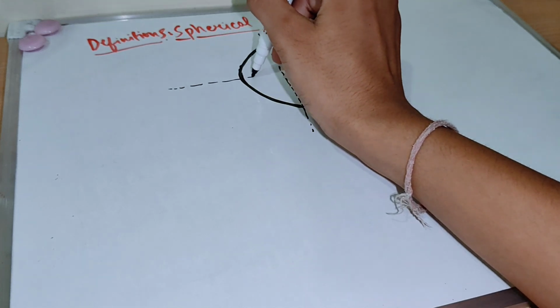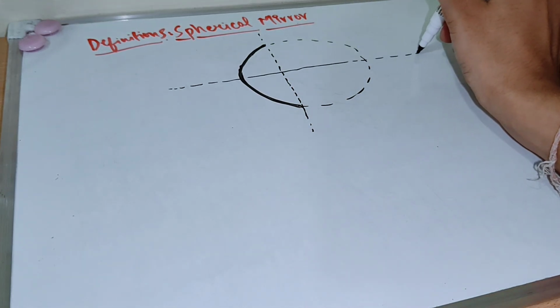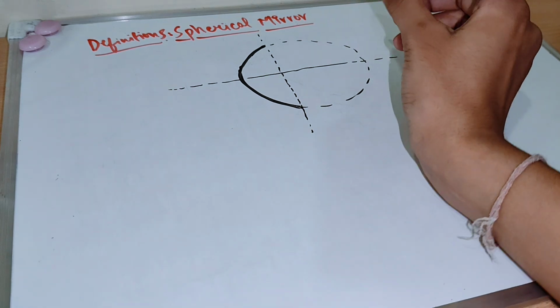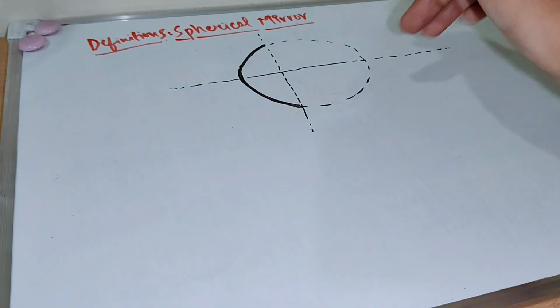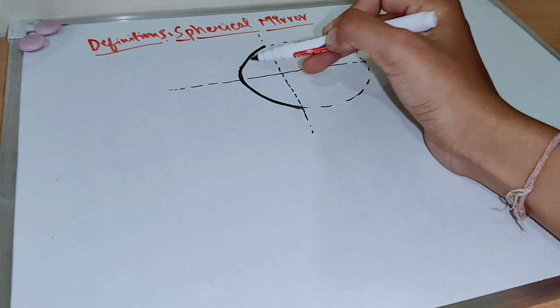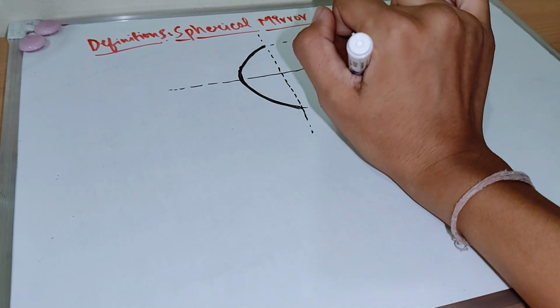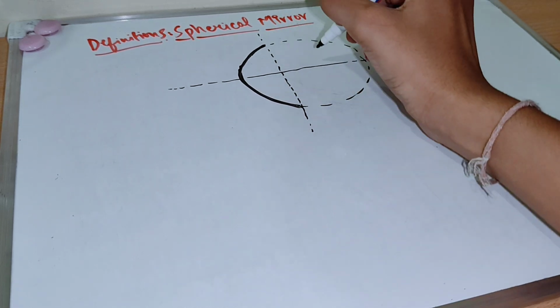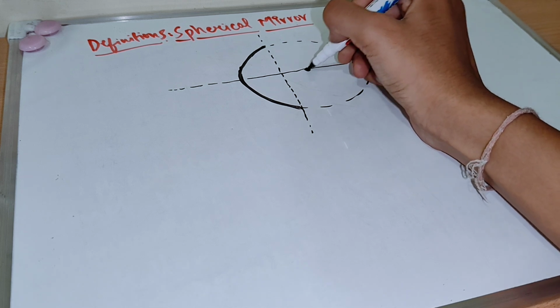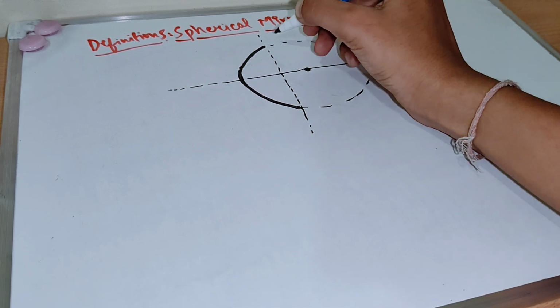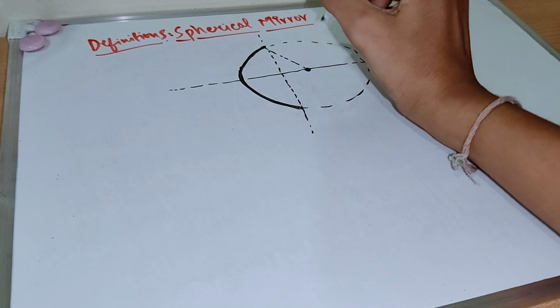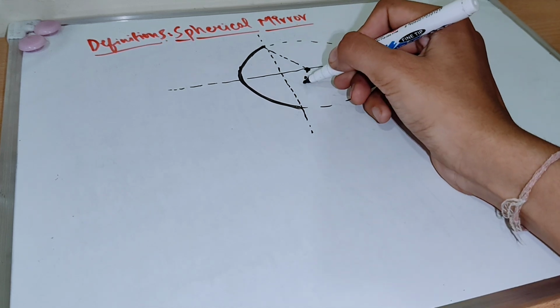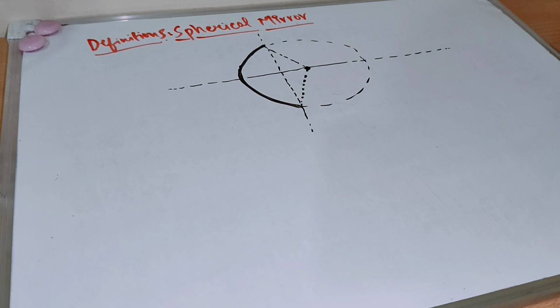Listen very carefully, this is very important. Now I am going to draw a horizontal line from the center of the sphere. Now this is not a sphere. This is my mirror, and I'm also going to mark the center of the sphere and connect it with these two points.